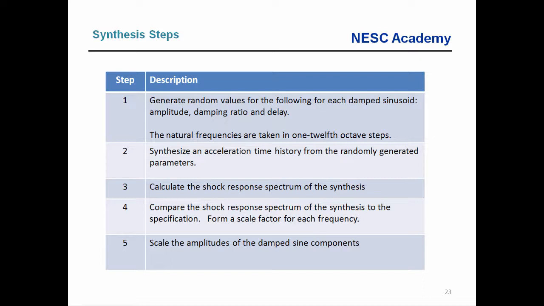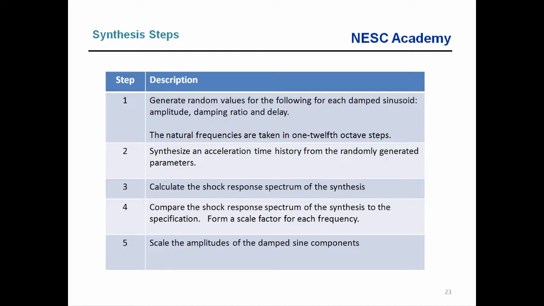Now the first time through, we don't expect the SRS to match up very well with the spec, so we have to do a couple other steps here. In step 4, we compare the resulting SRS from the synthesis to the specification SRS, and then we form a scale factor for each of the natural frequencies. Then, in step 5, we scale the amplitudes of the damped sinusoid components accordingly.